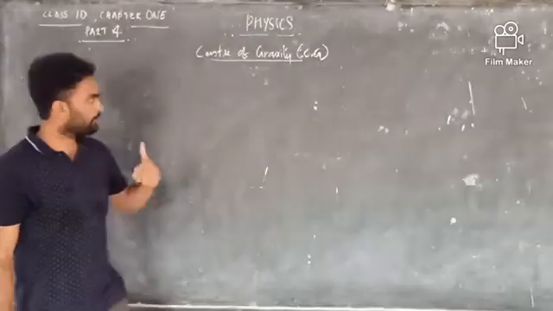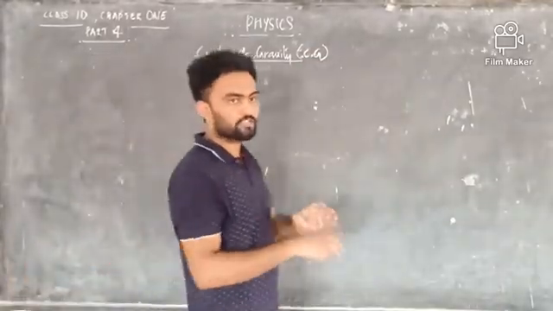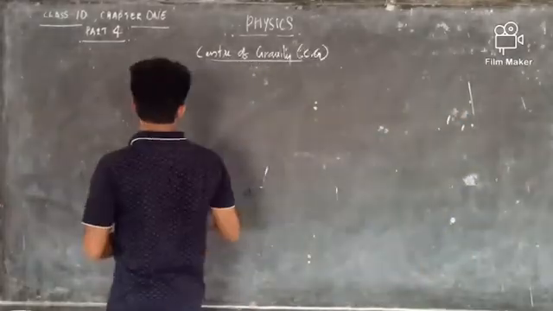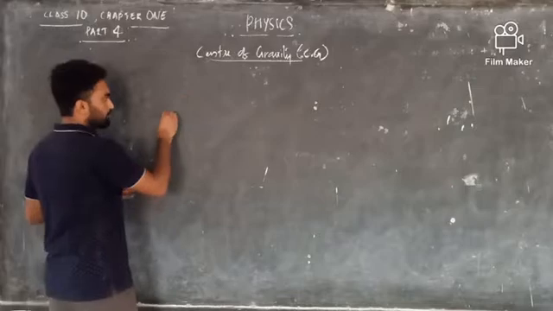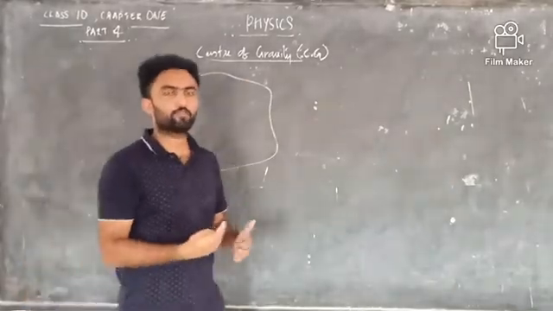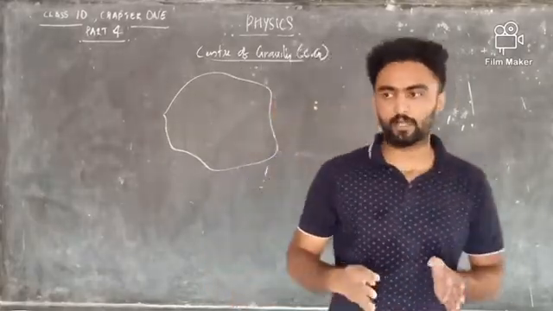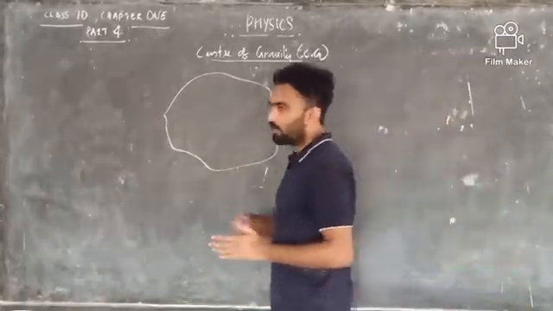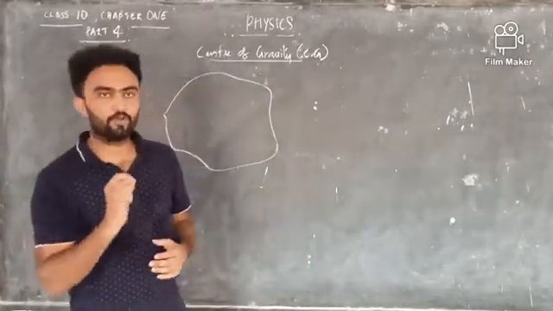We know that it's a point on a body at which the entire weight of the body is concentrated, isn't it? Let's consider a rigid solid. We know solids are made up of particles, and each particle has a fixed position compared with the others. All these particles have a particular weight.